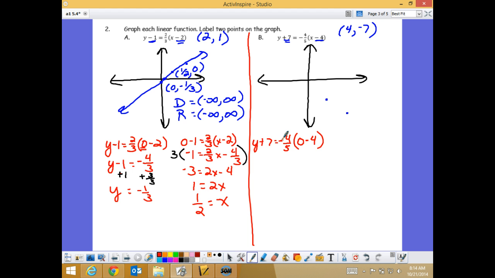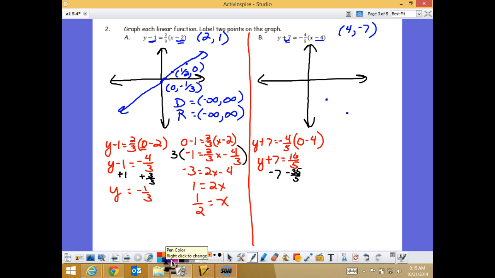So, doing the arithmetic and solving for y, we have y plus 7 is equal to, we have -4 here, times -4/5, which is positive 16/5. And then we're going to subtract 7 from both sides. Written with a denominator of 5, that's 35/5.